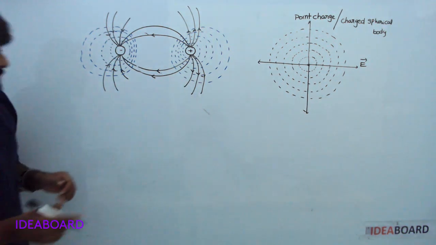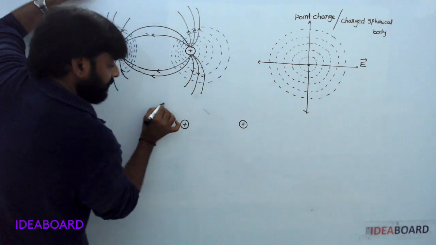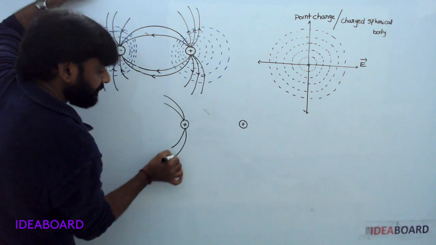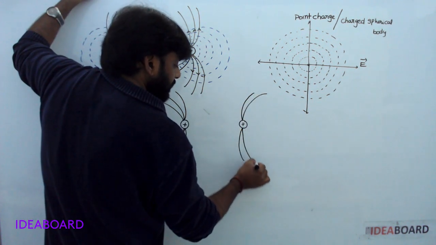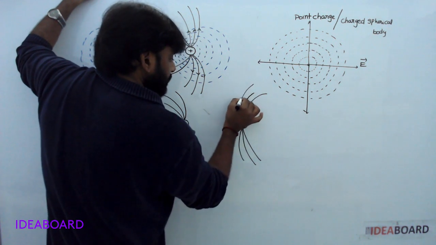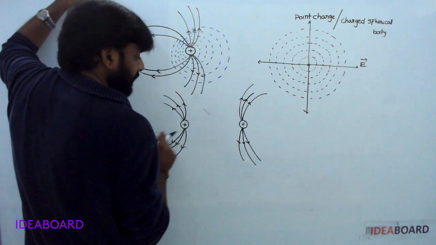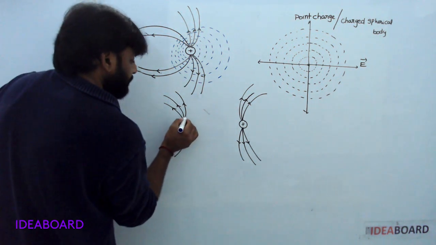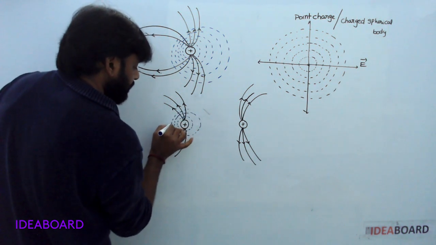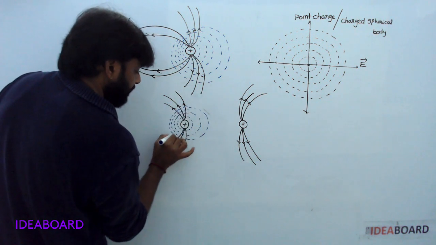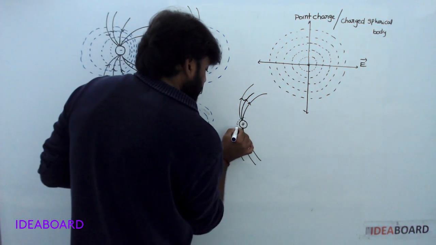Next, for like charges, these are the equipotential surfaces due to like charges.